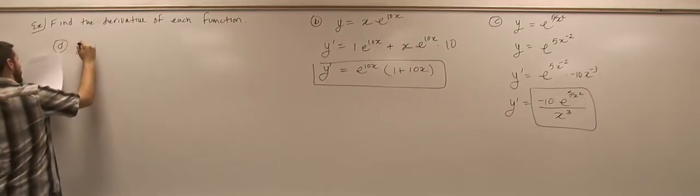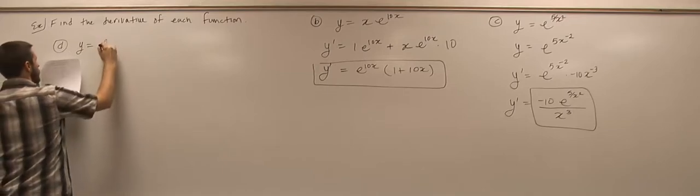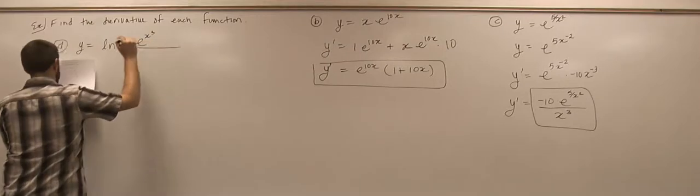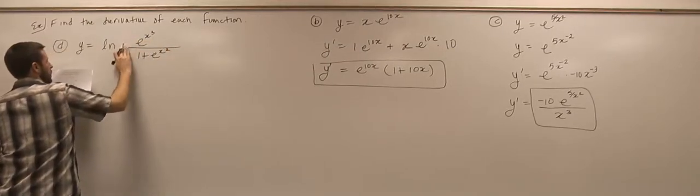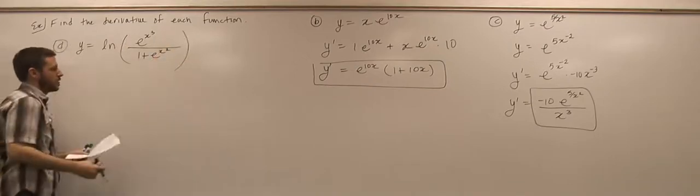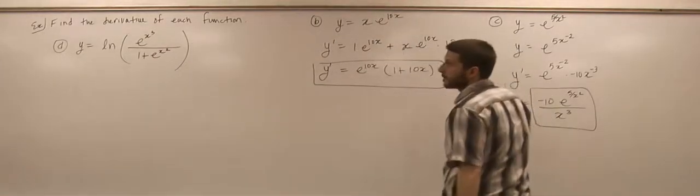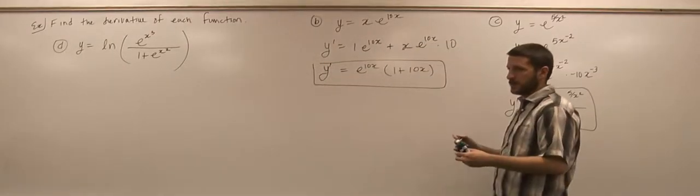All right, so let me give you one more derivative. y equals natural log of e to the x cubed over 1 plus e to the x squared. Derive this bad boy.